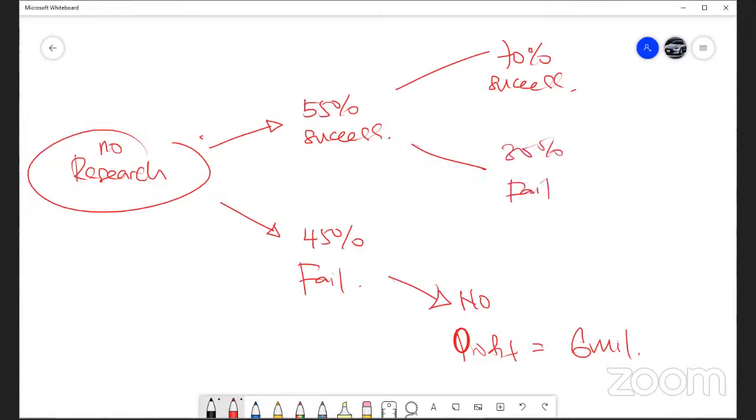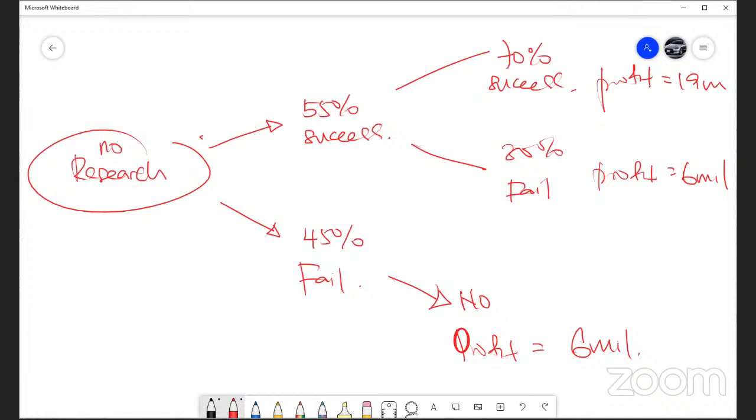So fail will lead to a profit of 6 million, and success will lead to a profit of 19 million. This is how it looks.